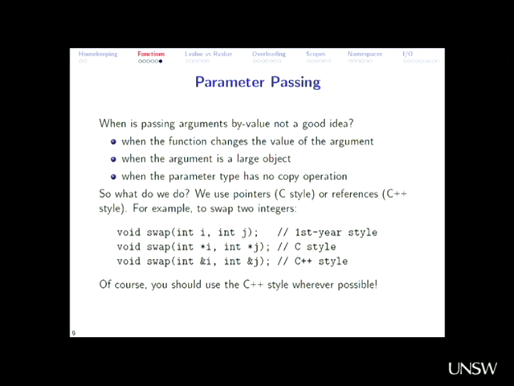That was what was happening with our swap function. Swap was changing the arguments. You shouldn't call by value when you've got a large object. You shouldn't call by value and pass through a huge 100 million item array. That would be very slow because you're doing all this memory copying.